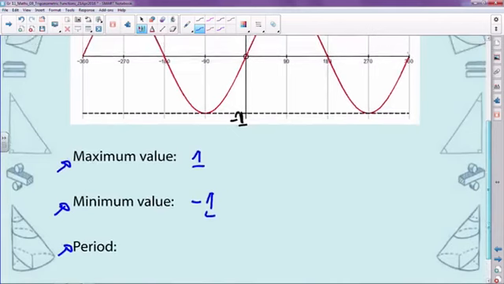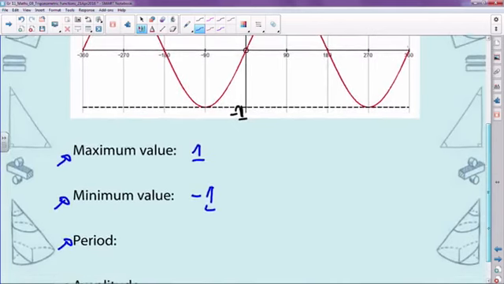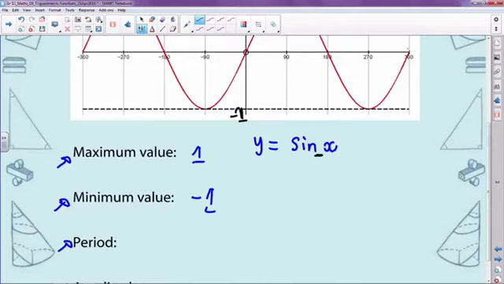With your period, now we're looking at the graph y equals sine x. Remember last year, you checked this, and we determined the period here.